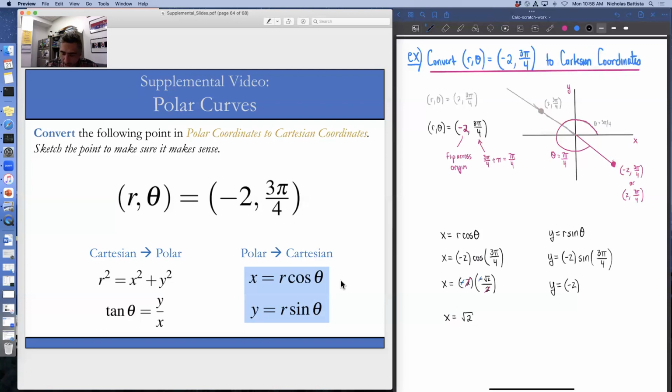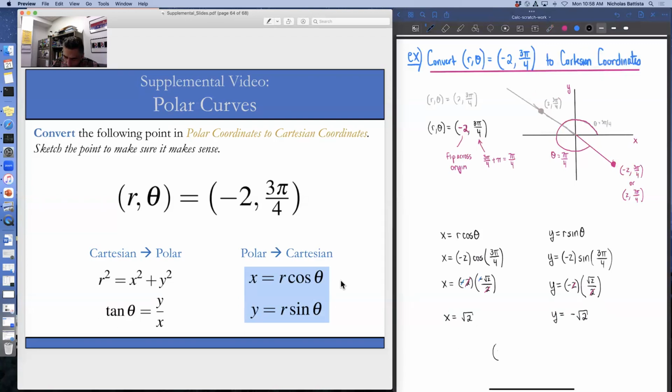Sine in quadrant 2 is positive, so sine of pi over 4 is square root of 2 over 2. We can do a little cancellation here. The 2's cancel. We don't have another negative number to cancel the negatives out. So this just becomes y is equal to minus the square root of 2.